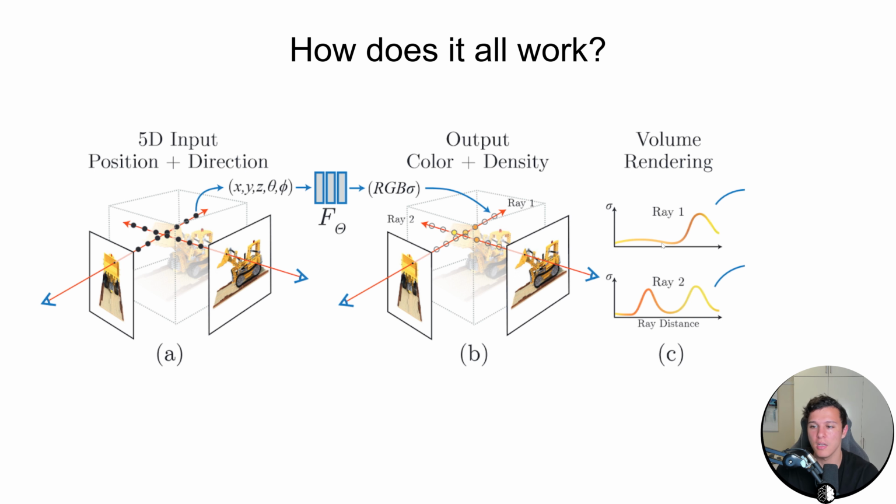This is just air. And then at some point we hit the particular object, and then the density goes up because it tells us, hey, there's something here. And then afterwards it goes down again, because now we've passed the object, or the scoop, or whatever. And you can imagine that this depends on the ray that we send out from the viewing angle.